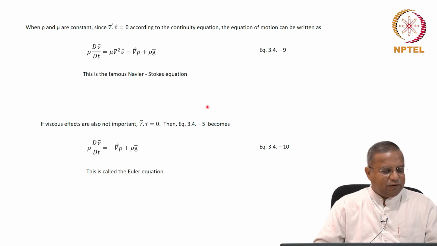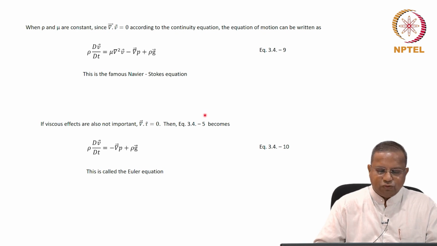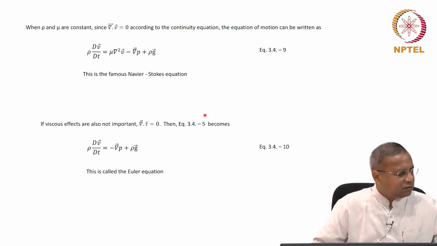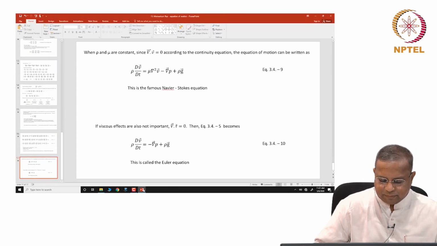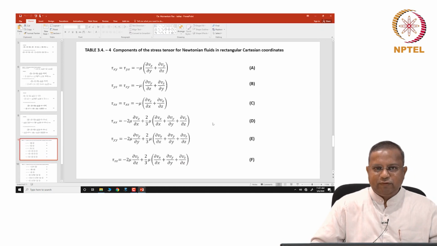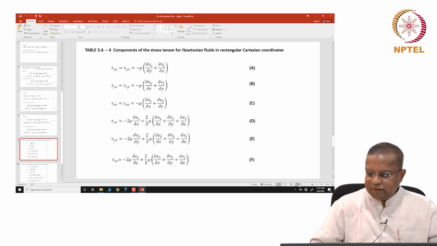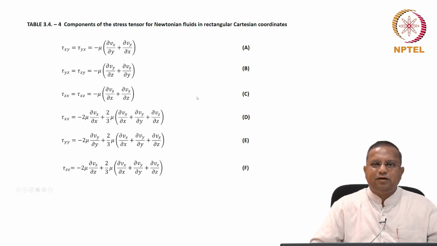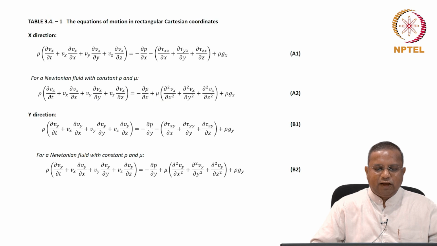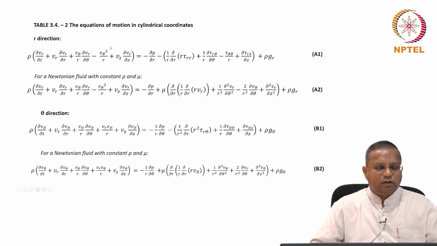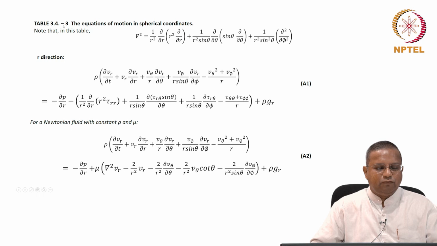Okay, before I take a break, let me show you the complete set of equations in this table. This will be available to you for download. So please make a copy of the entire set of tables here and keep them as a part of your notes. You have three equations of motion tables, 3.4-1, 3.4-2 and 3.4-3.